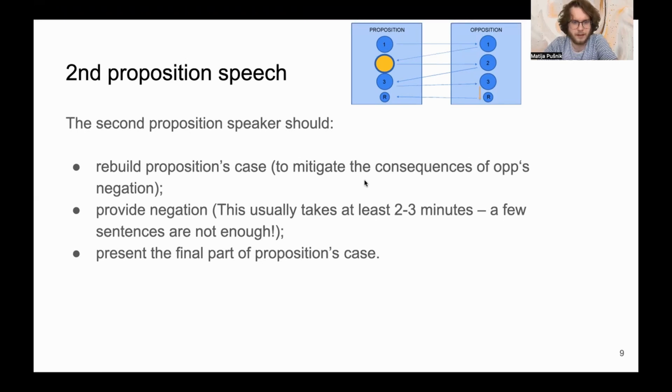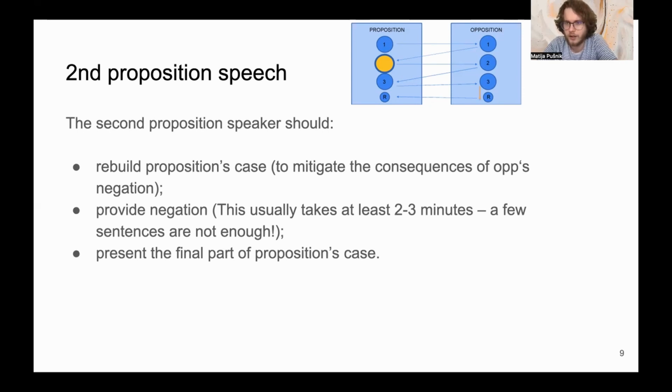And the final thing that they do is they present the rest of their case. They present the final part of proposition case. Again, the number here is not prescribed. This can be multiple arguments.